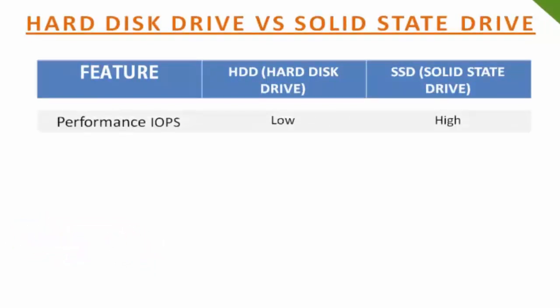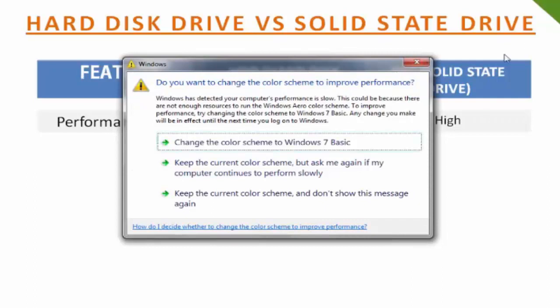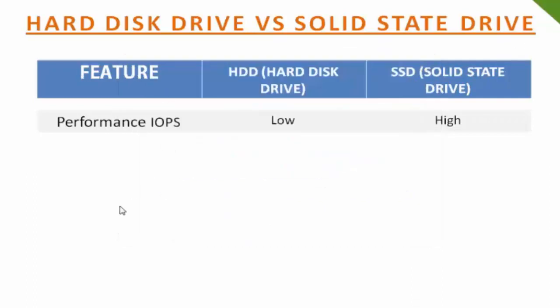So guys, these are the features. The first one is the performance of input output per second in HDD and SSD. When comparing performance, let's look at the transactions of any data load, such as a big data load. Here the transaction is very important.